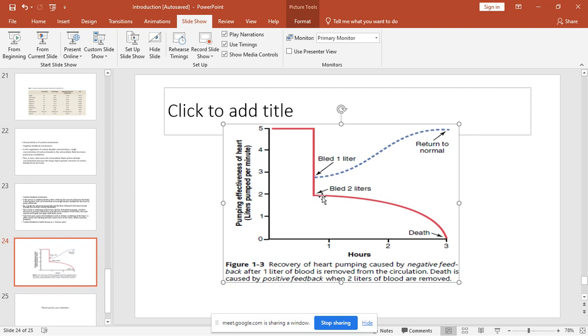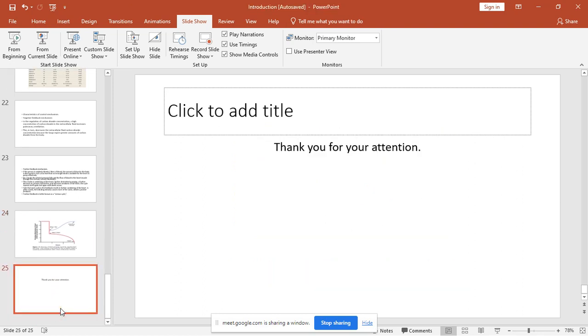Eventually the blood pressure drops until it's no longer compatible with life, and you have the organism dying. So in blue here, we've got the negative feedback mechanism, and in red here, we've got the positive feedback mechanism. Ladies and gentlemen, with that, that ends our talk today.